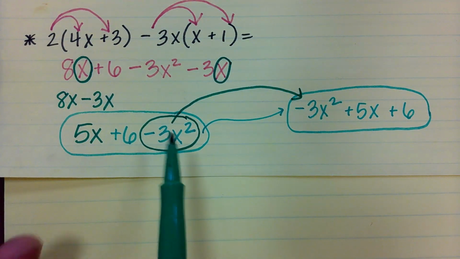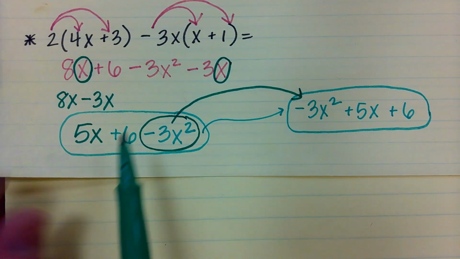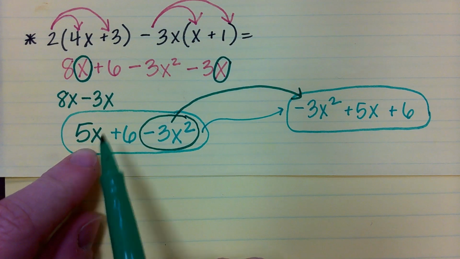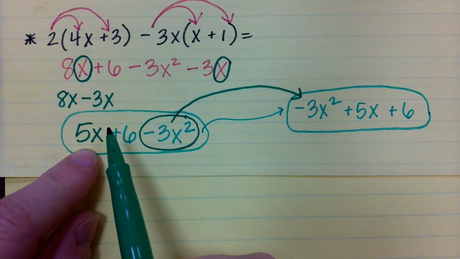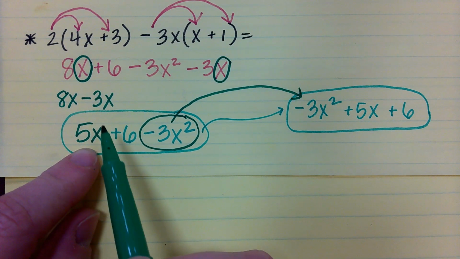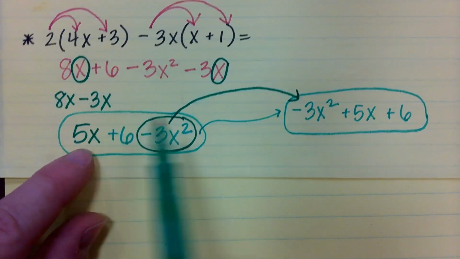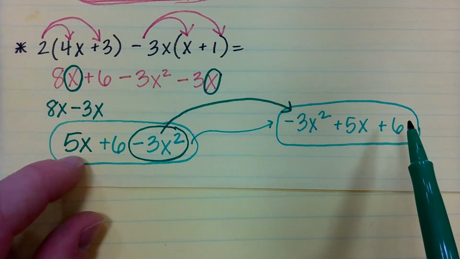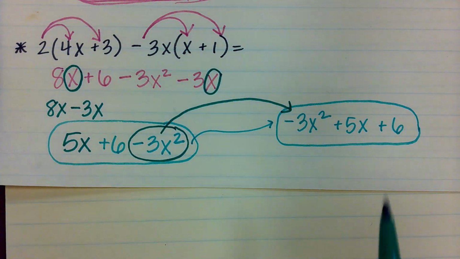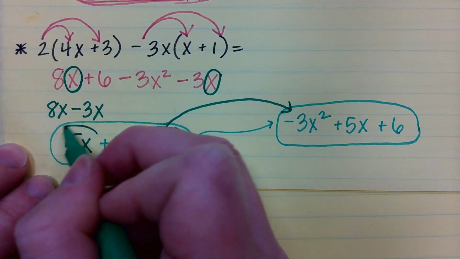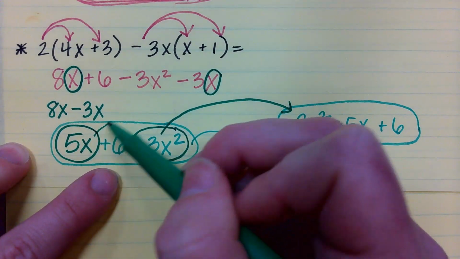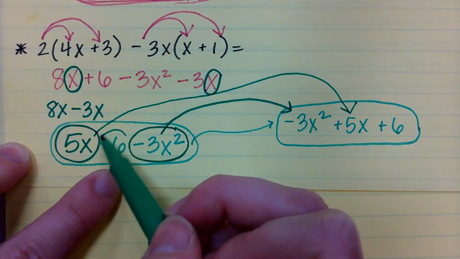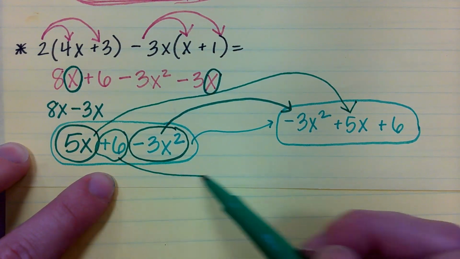And then my next largest variable term would be 5x, because there's that invisible first power. So we've got 2, 1, and 6 doesn't have a variable, so it's going to go at the end. So the term with the biggest exponent goes first, and it goes down with that. Exactly. So all I did here was rearrange my expression.